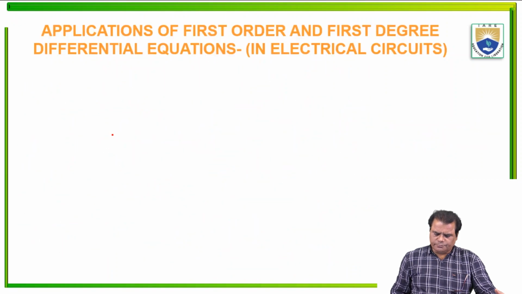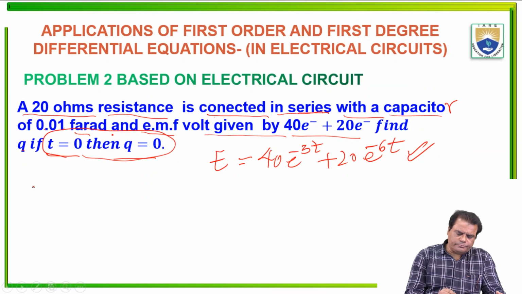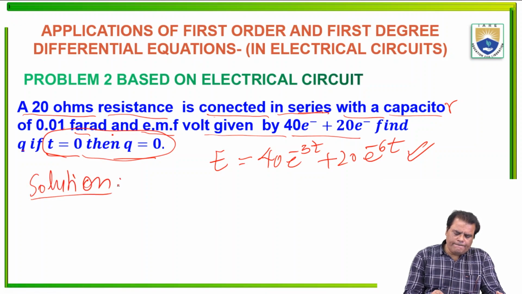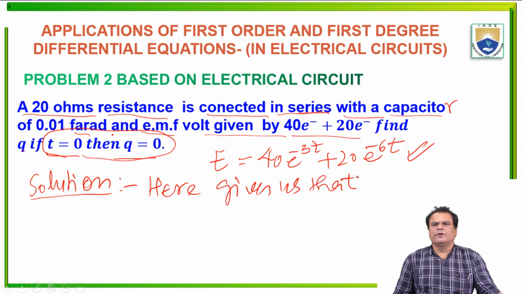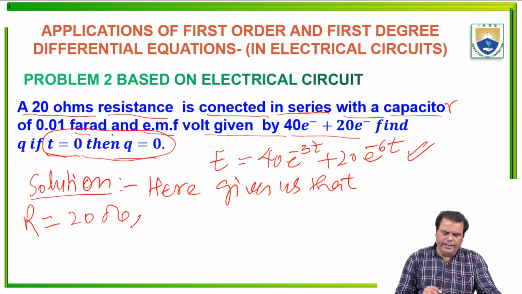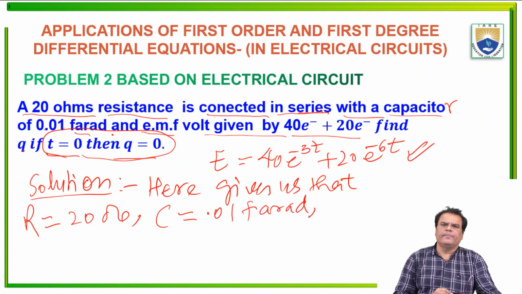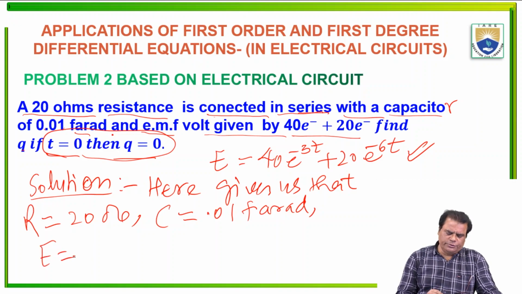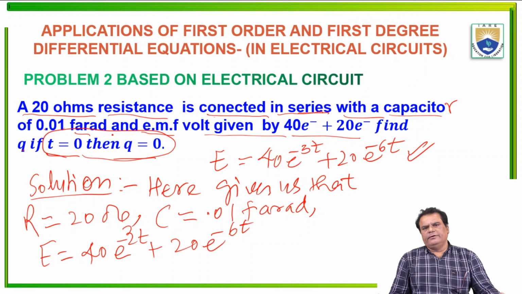Here is the solution. In the problem it is given that resistance R is 20 ohms, capacitance C is 0.01 farad, and E, the electromotive force, is 40 e to the power minus 2t plus 3t and plus 20 e to the power minus 60. These three points are given in our question.